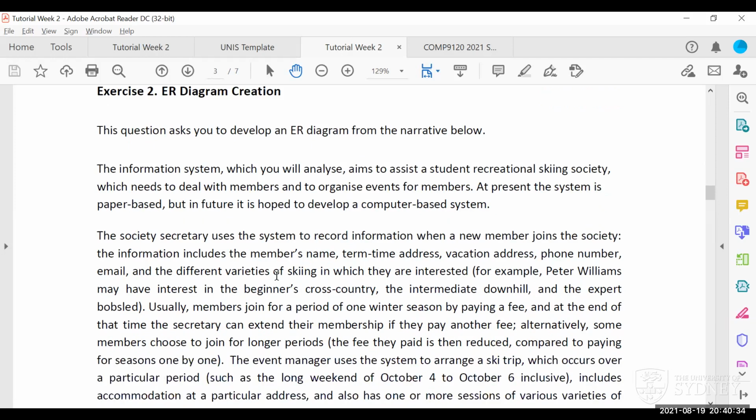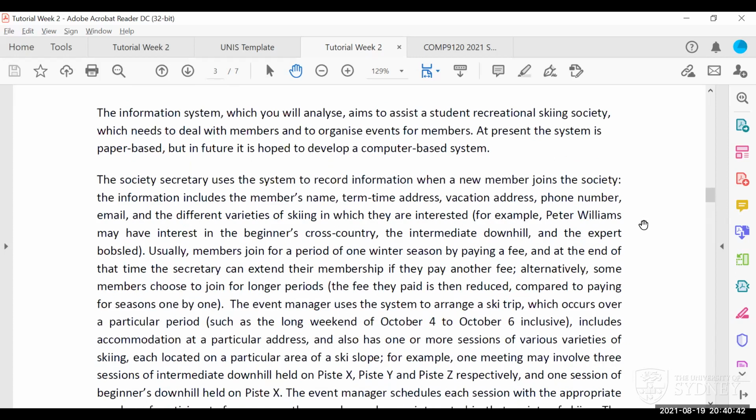All right, have a read. It's quite a long read. So maybe we can quickly read this together. So this is about information systems.